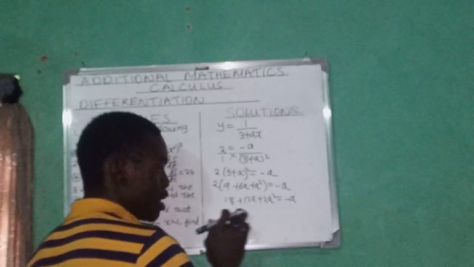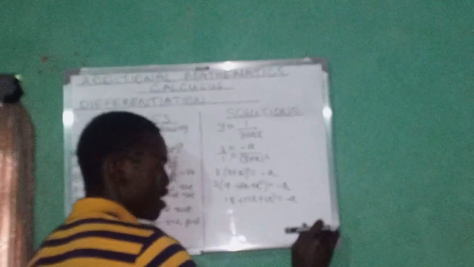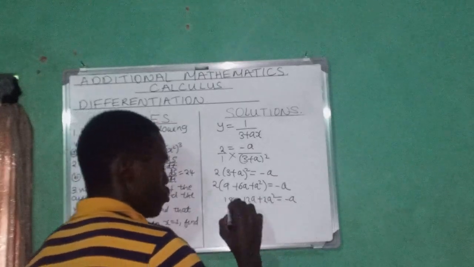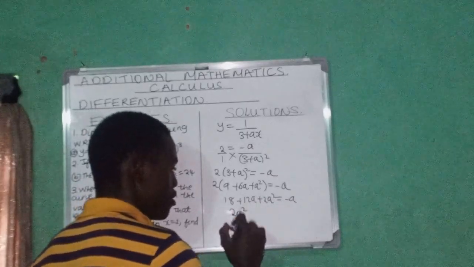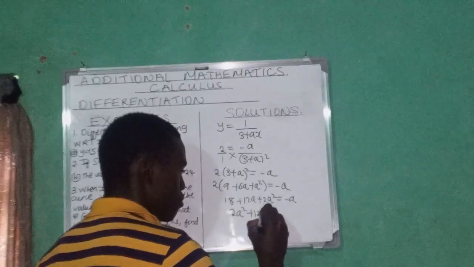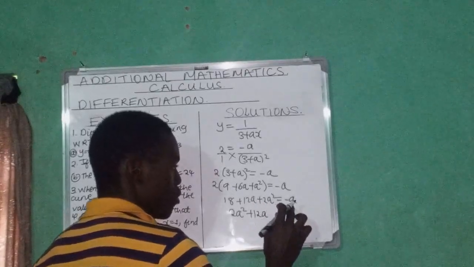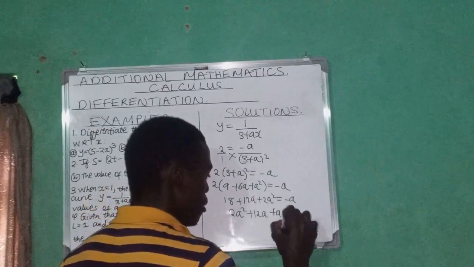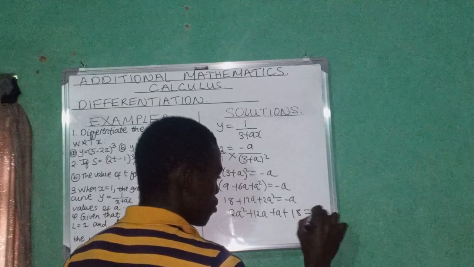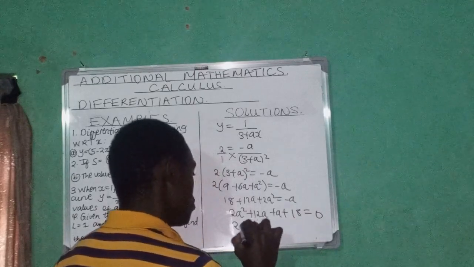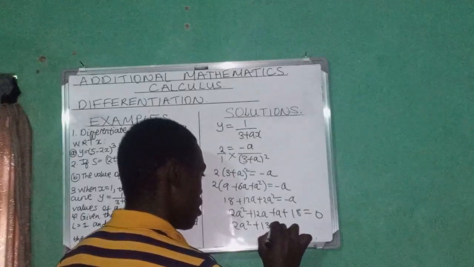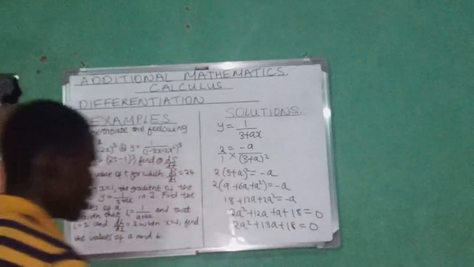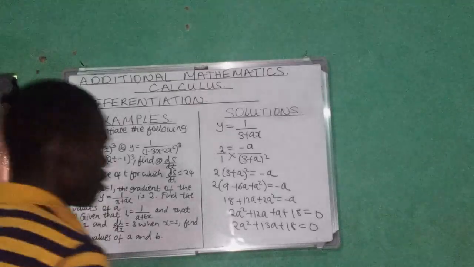As you can see, this is becoming a quadratic equation where the highest power is a 2. So you have 2a squared plus 12a. When the a goes to the other side, it will become plus a, then plus 18 is equal to 0. 2a squared plus 13a plus 18 is equal to 0. That's the quadratic equation we have.